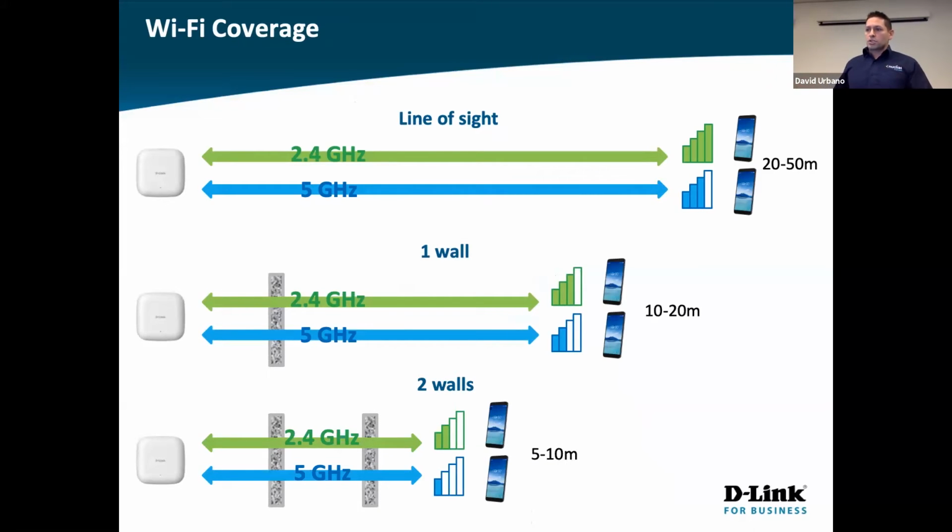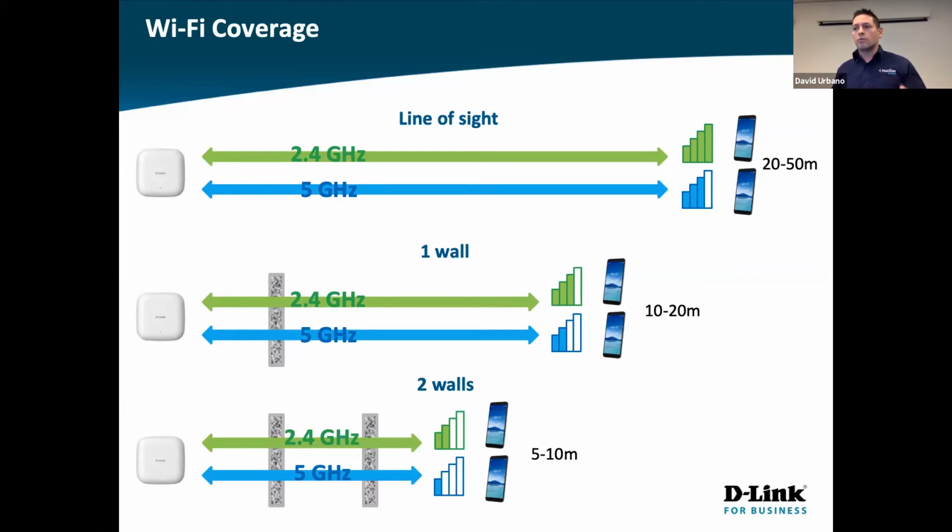In terms of coverage, we have this nice presentation where you can see roughly the characteristics when we have obstacles in between our 5 gigahertz or 2.4 gigahertz antennas. Line of sight will be basically similar, but when we start going through different walls, it will definitely be something to take into account when we are deploying access points with our customers.